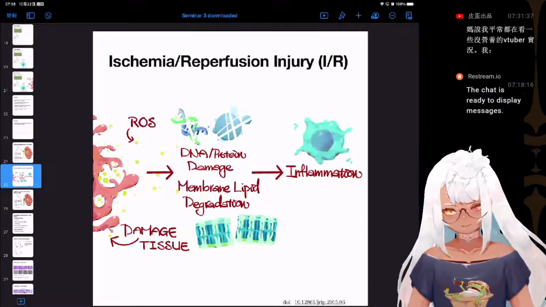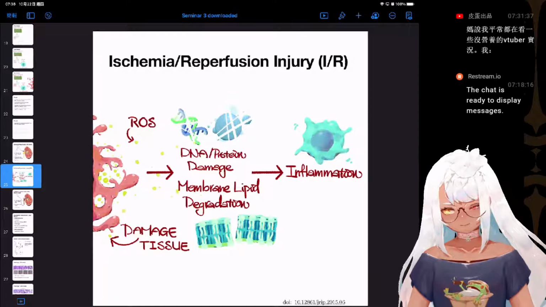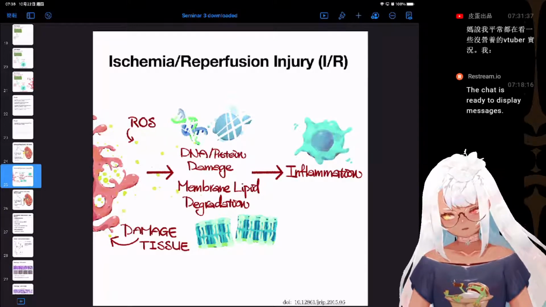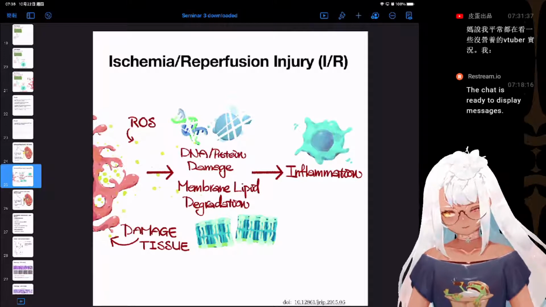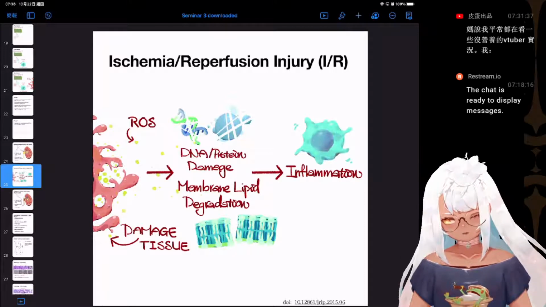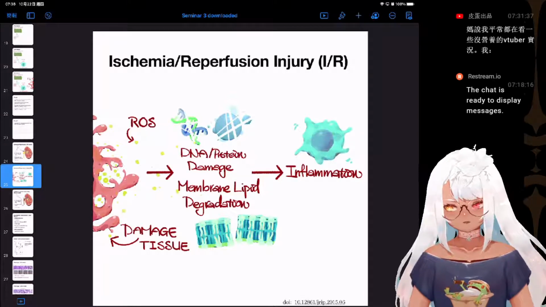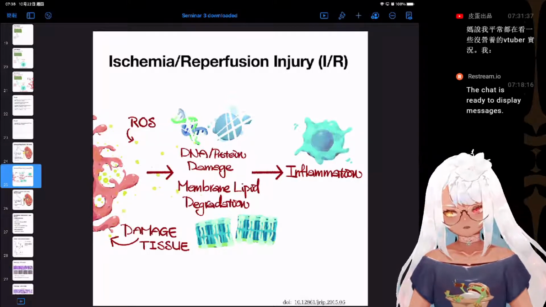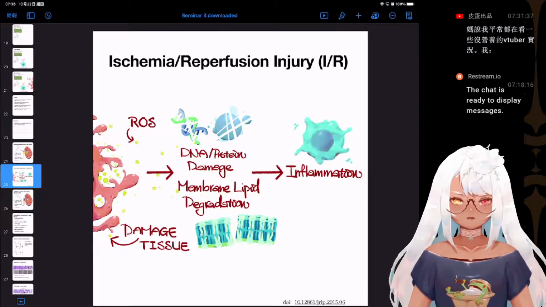This will cause damage to our kidney tissue because in the ischemia stage, a lot of ROS will be produced, which will drive damage of DNA, protein, and degradation of membrane lipid, which eventually leads to inflammation.